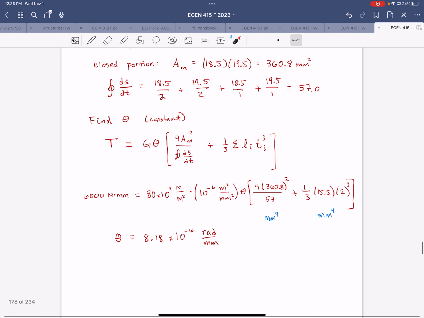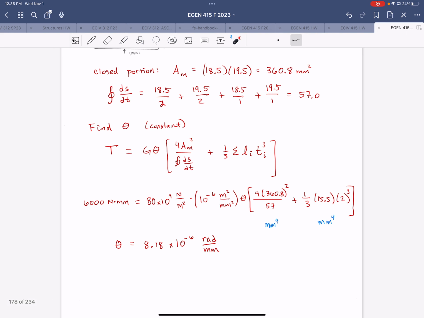So does that mean that it twists at a progressively faster rate towards one end? Yep, that's right. The rate of twist is going to be constant for a given cross-section, like for a given location along the length. If you take a cut and you look at a cross-section, theta will be constant for that whole cross-section, right?